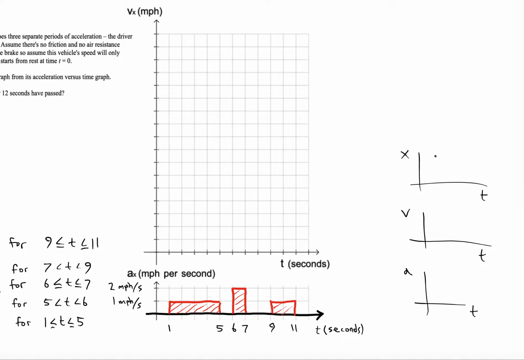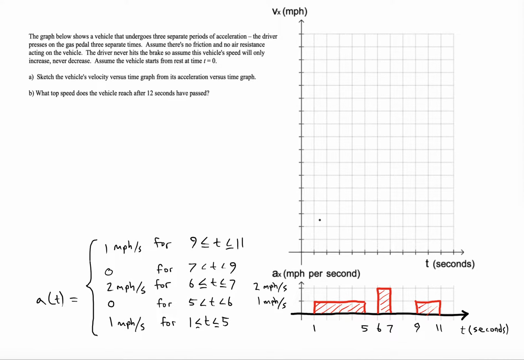So in this case, we're starting at the bottom with acceleration, and we want to build upwards in our stack of motion graphs. We want to find the velocity from the acceleration. And then sometimes you'd be asked to go even farther and find the position too. So you'd have to anti-differentiate twice.